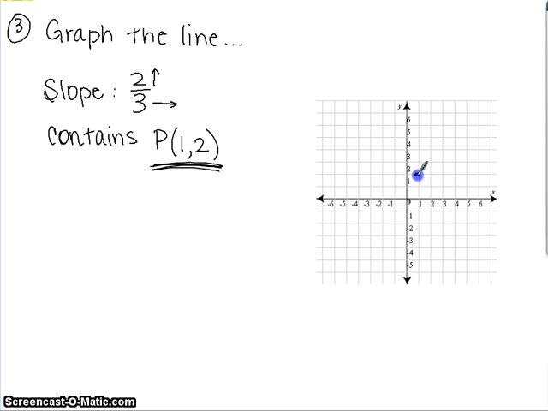So from that point up 2 over 3, and you can keep going. 1, 2, 1, 2, 3. Draw your line. Try and draw it straight. Draw nice long lines. Hopefully yours is straighter than mine. Put arrows on those lines, all that fun stuff. Okay, so that's one kind.